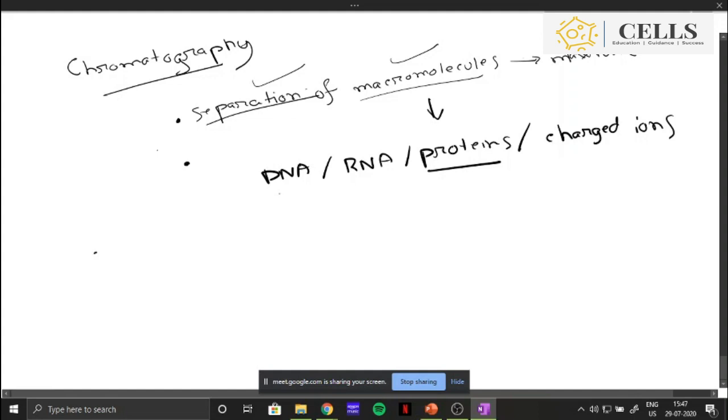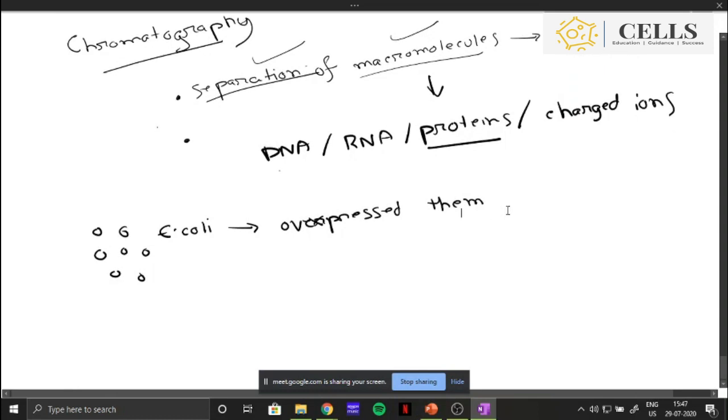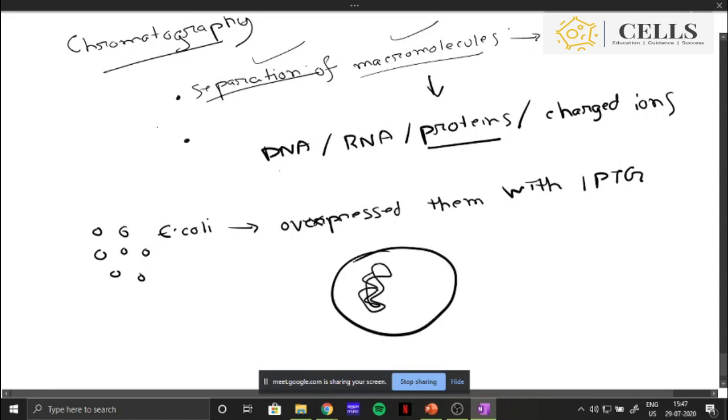You have E. coli cells, and you have overexpressed them with IPTG. In these E. coli cells, you have the E. coli genome.